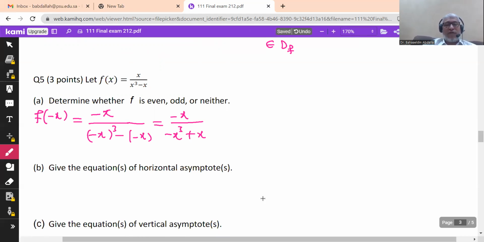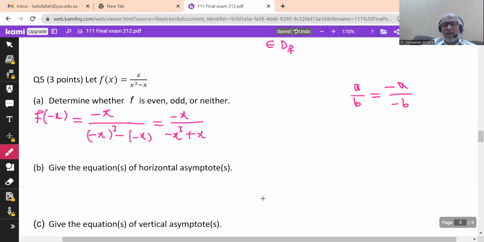Now, if you look carefully at this function and compare it to f of x, you notice that if you multiply, this is f of x. Whenever you have a over b, you can say it is equal to negative a over negative b, because you can cancel minus with minus.